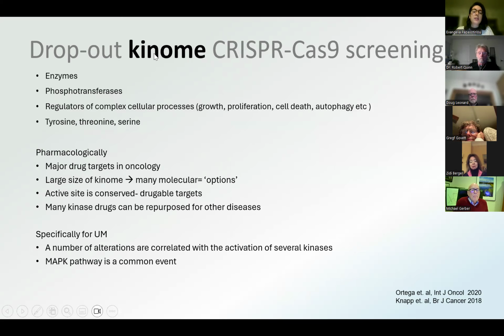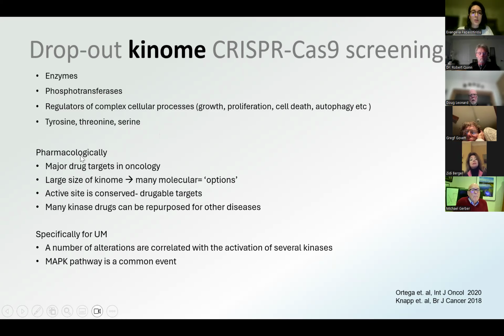Okay. So why genome-wide CRISPR-Cas9 screening of the kinome? The kinome is the total set of the protein kinases that are encoded by the genome of an organism. They're enzymes, phosphotransferases, and major regulators of complex cell processes, and their subcategories, tyrosine, threonine, and serine, have been well studied compared to other molecules.